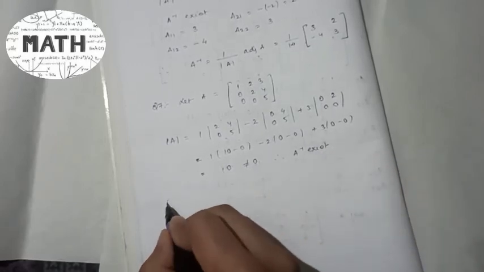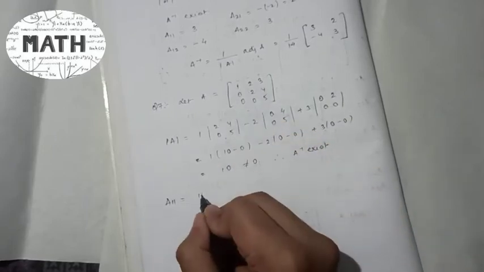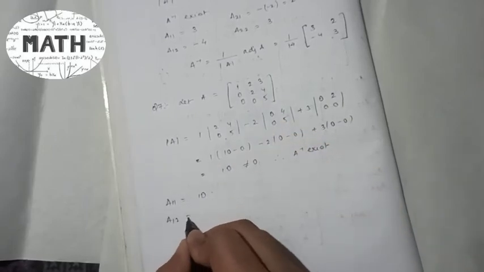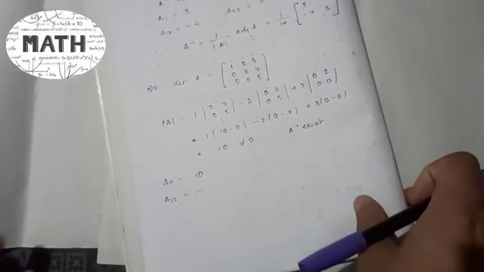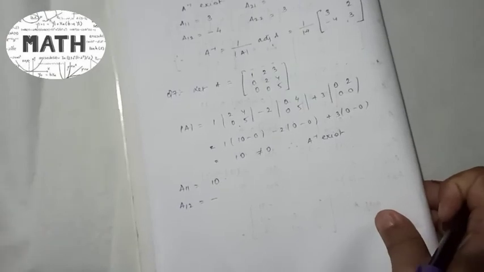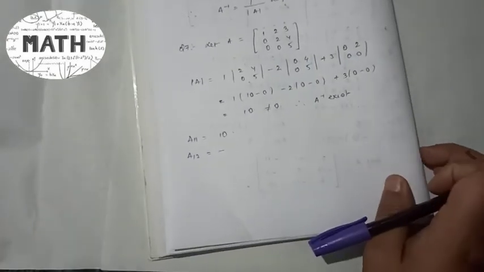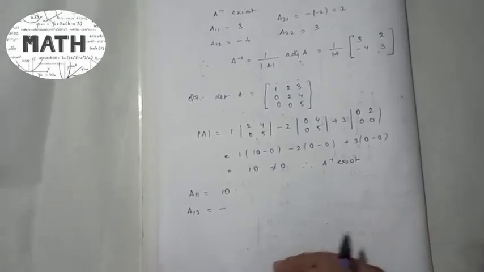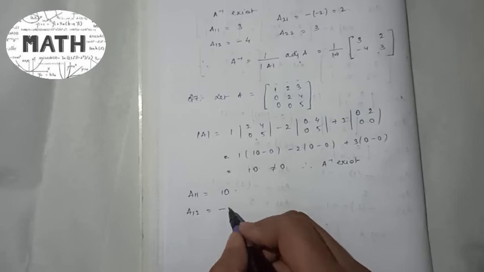Now similarly your A11. Your A11 means first row, first column gone. Then I got the answer 10. Your A12, 1 2 means minus, because 1 plus 2 is odd. Odd is always negative, you have to remember that. So minus. A12, I got the answer to be 0.